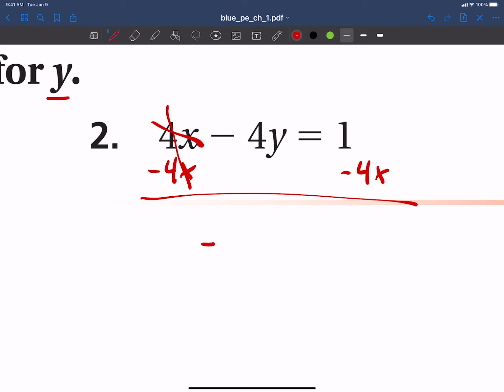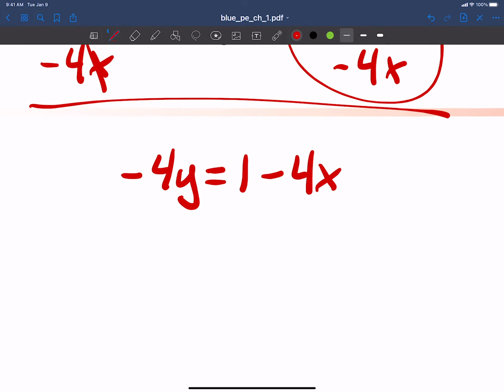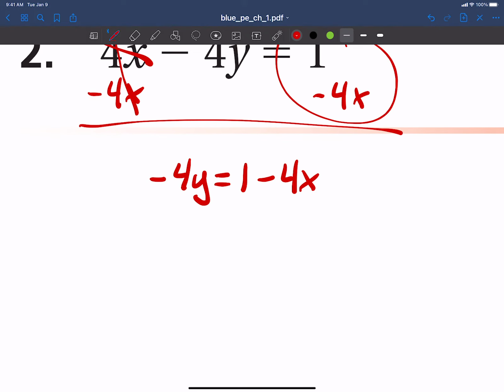We're left with -4y equals, remember, these are not like terms. It's just going to be 1 minus 4x. Okay, now what's happening to y? I got to get it alone. It's being multiplied by -4, so I need to divide by -4. But remember, here's the most important thing. You have to do it to every term on the other side.